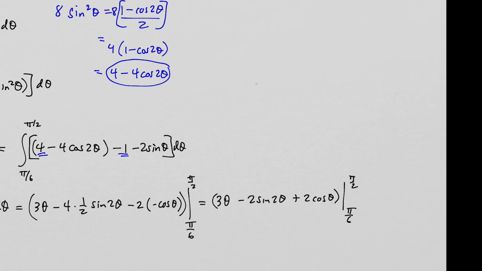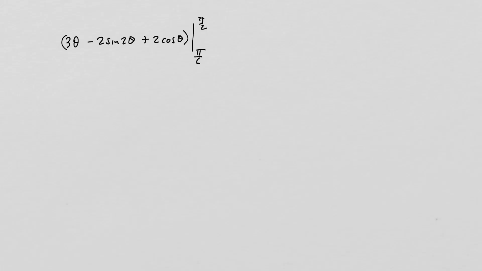Okay, so now we just need to evaluate this. Plugging in pi over 2, we are going to have 3 times pi over 2 minus, when you plug in pi over 2 here, you're going to get sine of pi, which is 0. And when you plug in pi over 2 here, you get cosine of pi over 2, which is also 0.